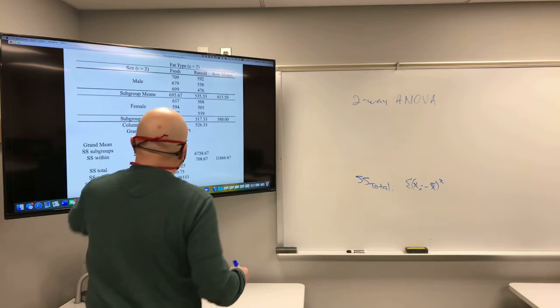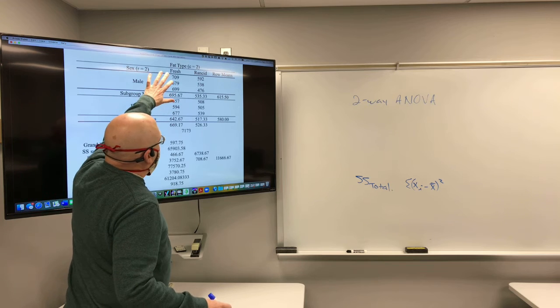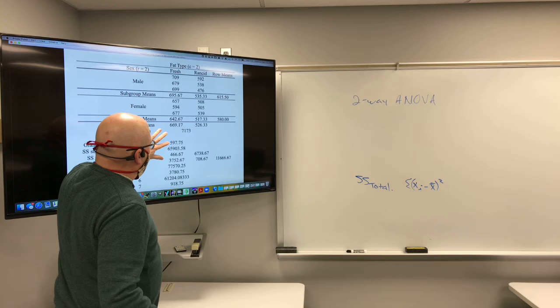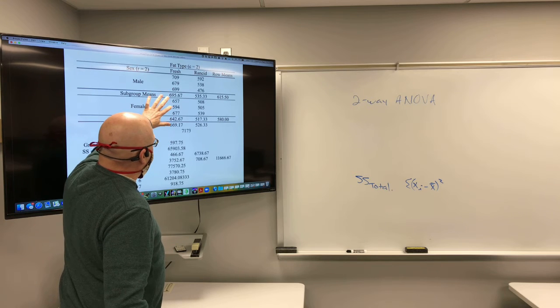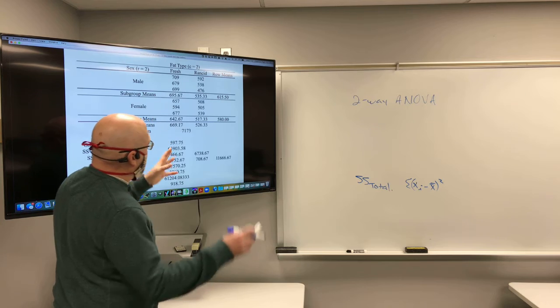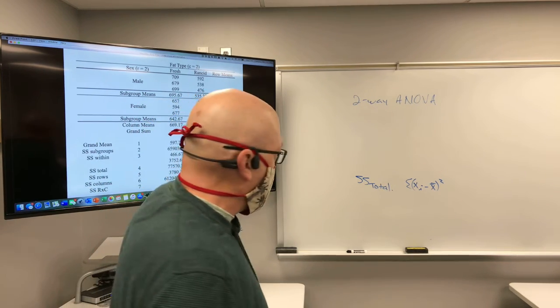So you would take 709 minus 597, square that, 679 minus 597, square that, 699 minus 597, square that, 657, 594 and 677, each of those minus 597 squared. That's the sum squares total. It's just like it was in a single factor analysis of variance.